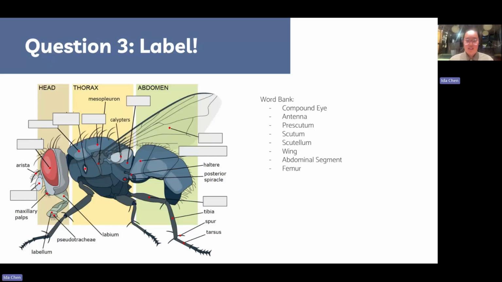Not necessarily. Some don't give word banks. I just gave one for this one because there were a lot of parts. But yeah, some won't give a word bank. Also, to highlight the importance of having a lot of different diagrams in your binder, have as many as you can, because a lot of test makers are honestly just college students, so they don't have a lot of time.